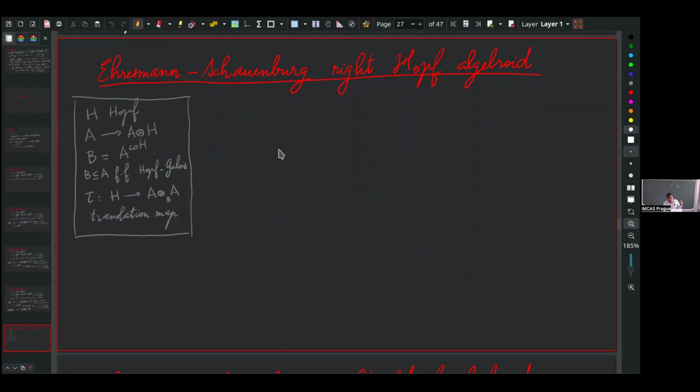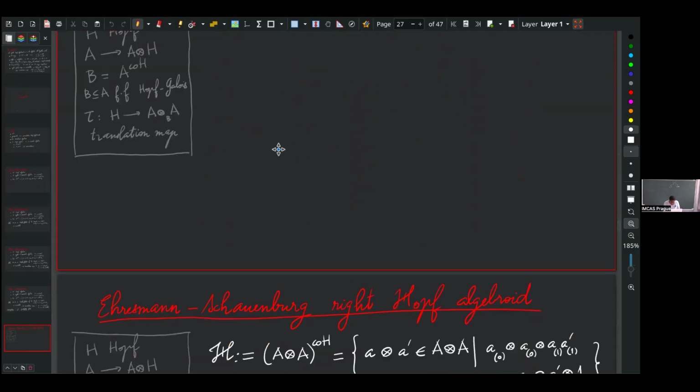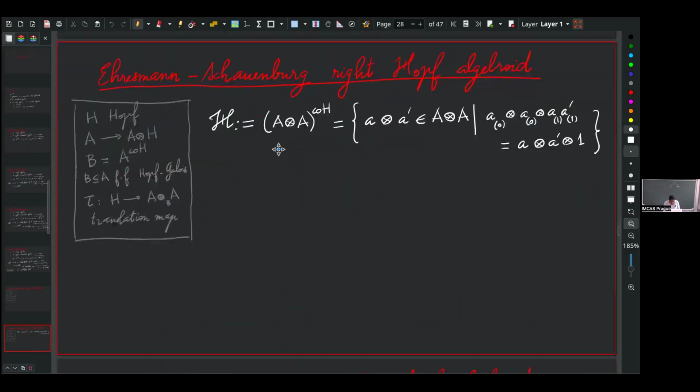So here are the structures we have. Now let us define our Hopf algebroid. I take A tensor A, which has a natural right comodule structure over H, and then take the coinvariants inside that comodule.